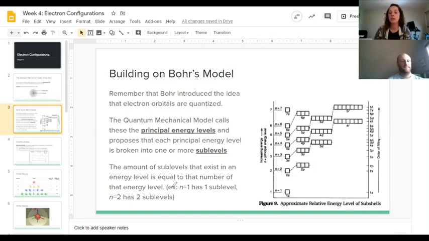Now, we've only currently discovered elements into the 7p sublevel. So we know that we have electrons in the 7th energy level, but we have yet to find elements that are actually in 7 different sublevels within that energy level. It's a computer model that projects there would be 7, so it's mostly in the prediction stage now. But for the ones that we know, you'll see that there is that pattern.